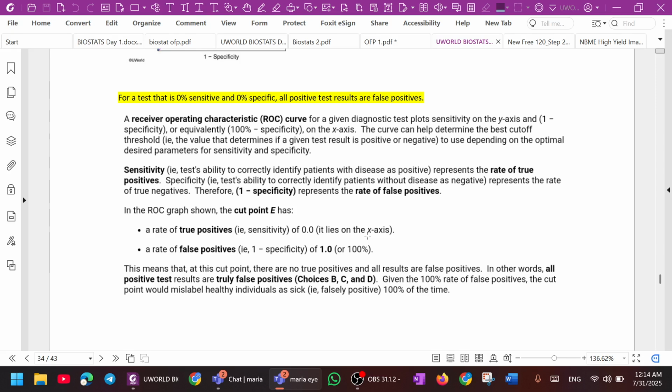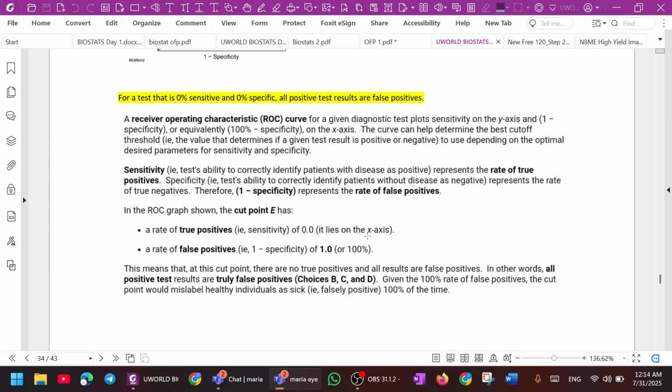I don't understand how they made this conclusion. The only thing that makes sense here is that specificity is true negative over true negative plus false positive, right?